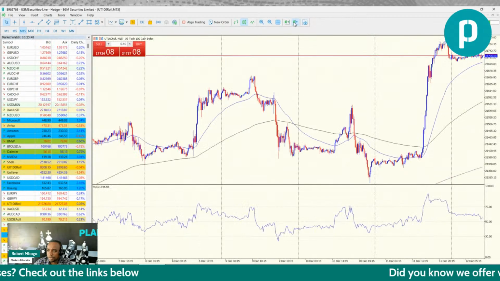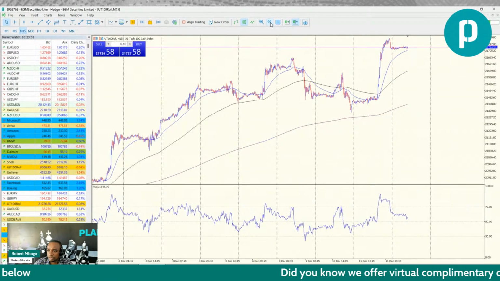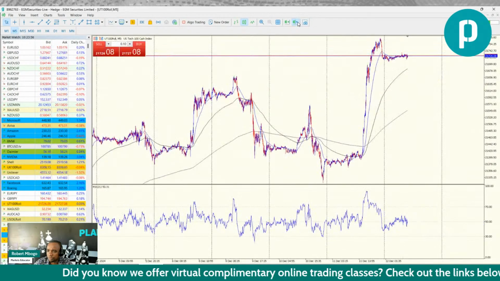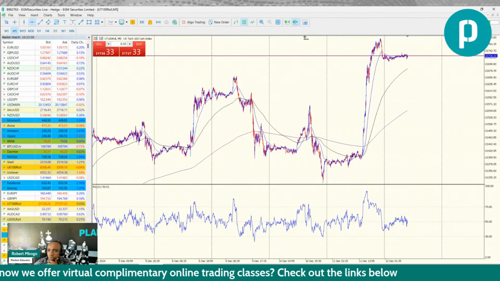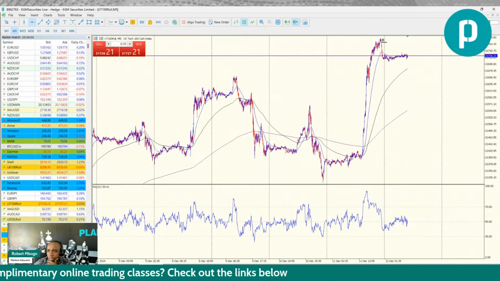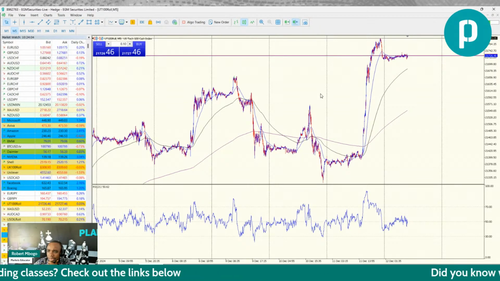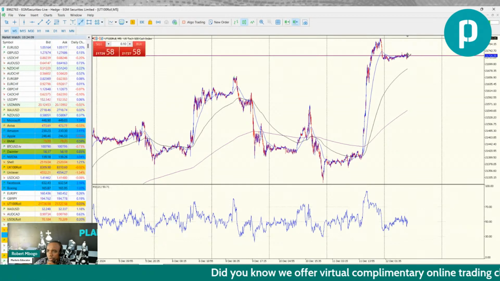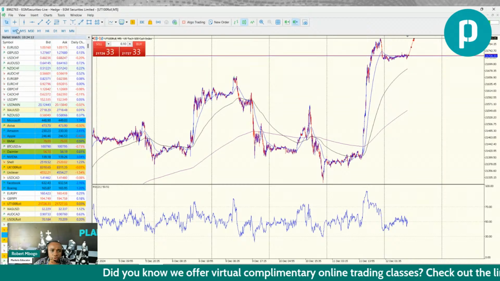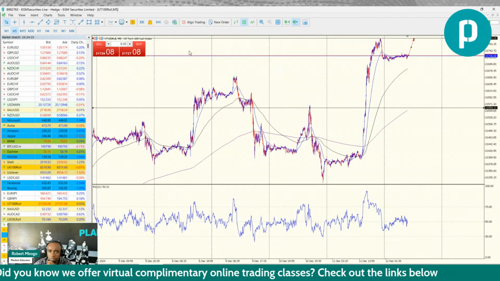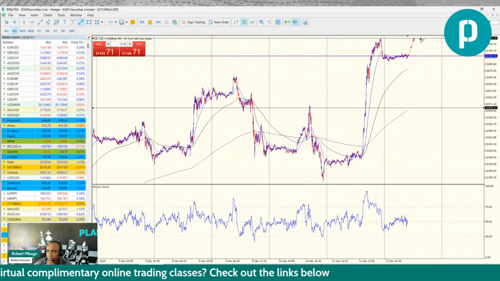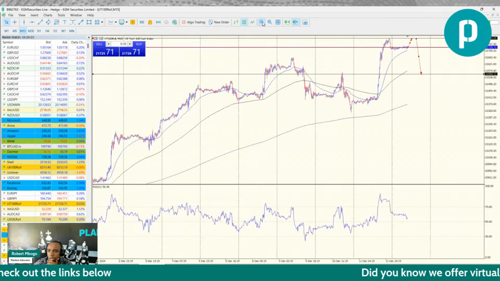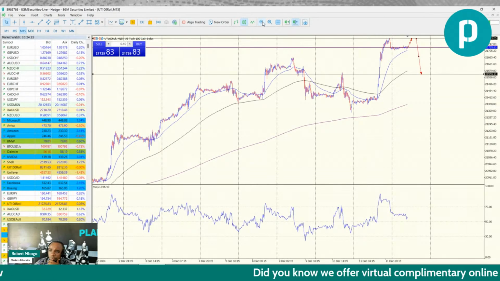Once again, remember I normally use the moving averages to help me identify where I'll book my profits. So I'll go as low as M5. If I were to look for opportunities, I would want to see whether UT100 will test yesterday's high. This is the projection I would want to see before pushing downwards. If that was to happen, then it will be a good case for me to go sell.